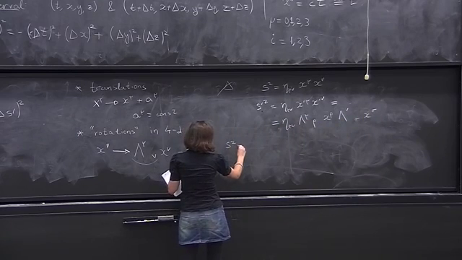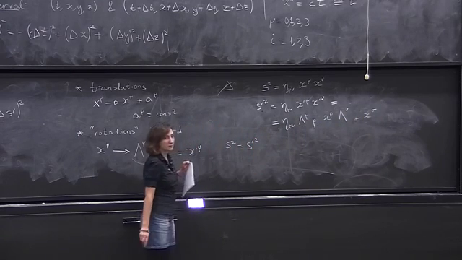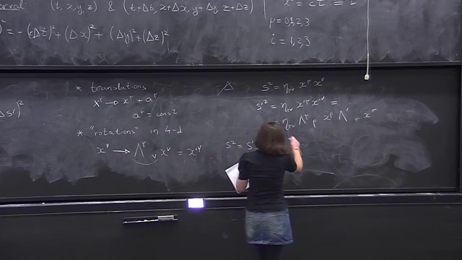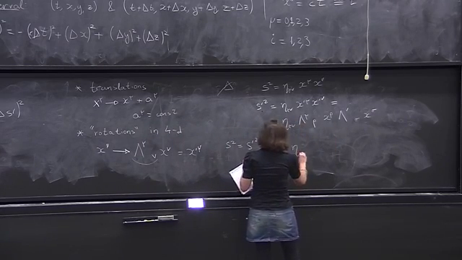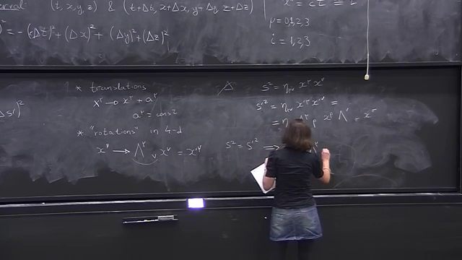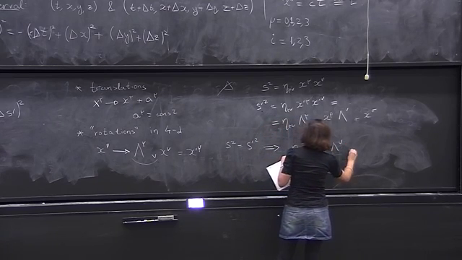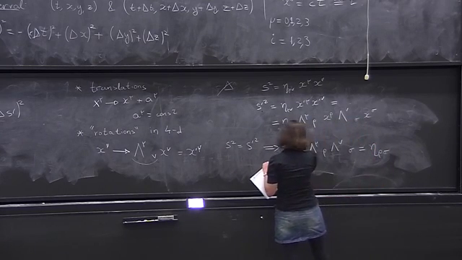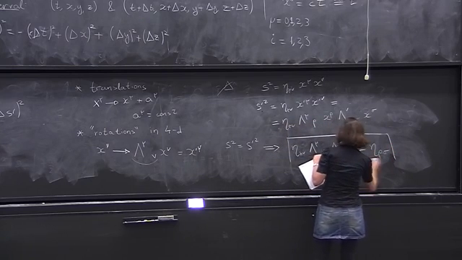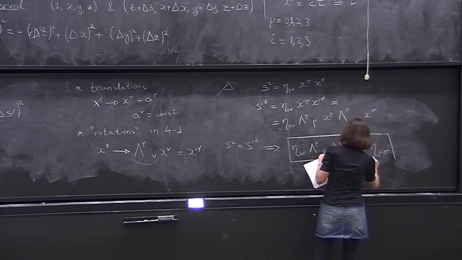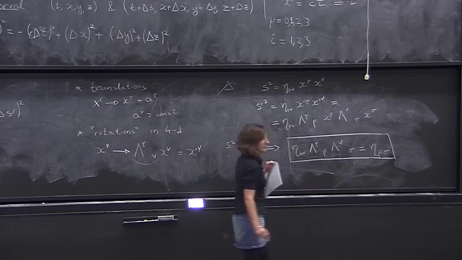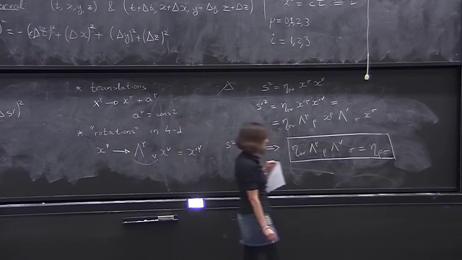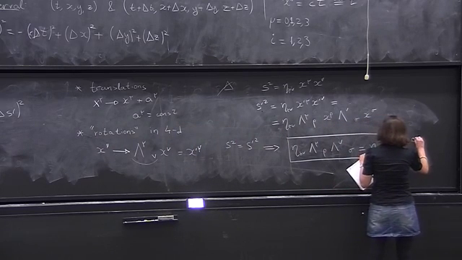So if I demand that s squared is invariant, these matrices have to satisfy eta mu nu lambda mu rho lambda nu sigma equals eta rho sigma. Any 4×4 matrices that satisfy this relation are said to belong to the Lorentz group.